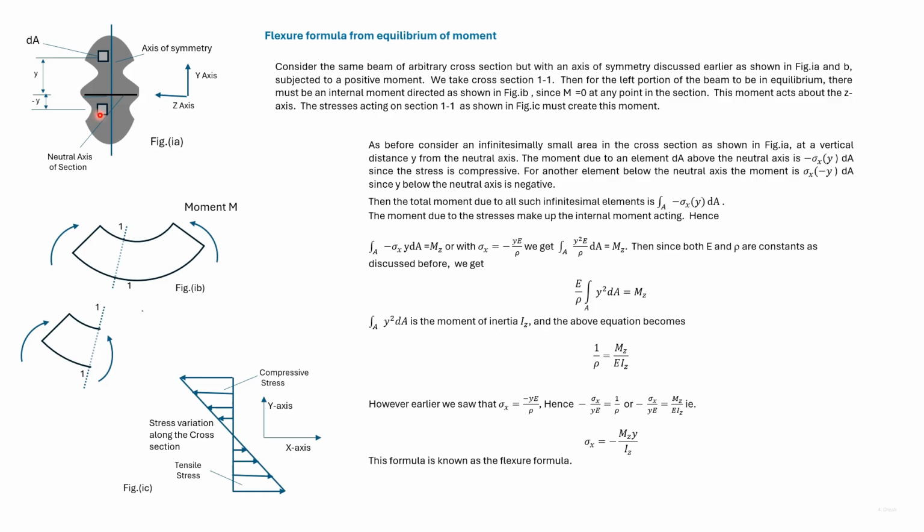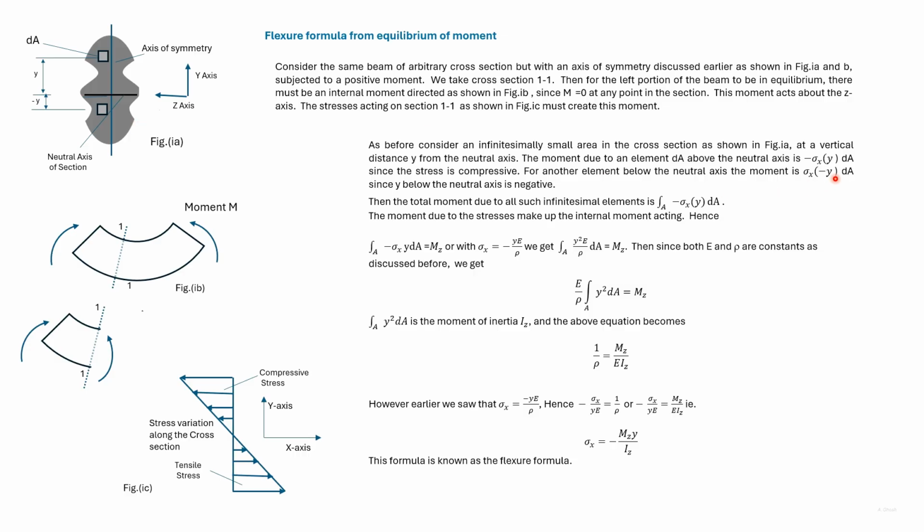Now let us consider another element which is below the neutral axis. Then the distance of that element from the neutral axis will be given as minus y. The stress will be given as plus sigma x.